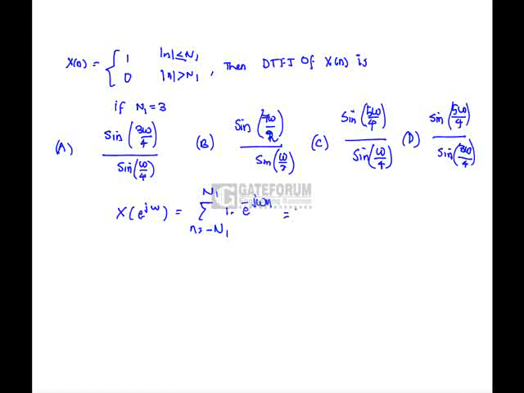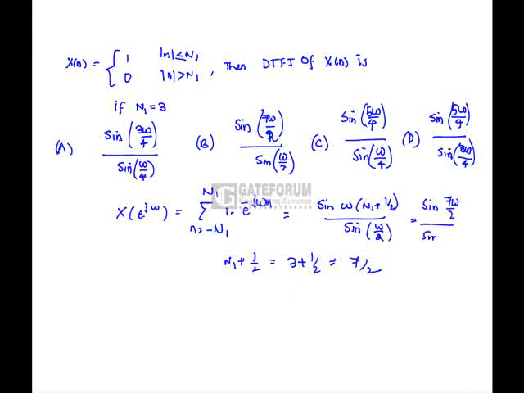If we solve this, we will get sine of omega times n1 plus 1 by 2 divided by sine of omega by 2. Here n1 plus 1 by 2 is 3 plus 1 by 2, that is 7 by 2. So it is going to be sine of 7 omega by 2 divided by sine of omega by 2, which is option B.